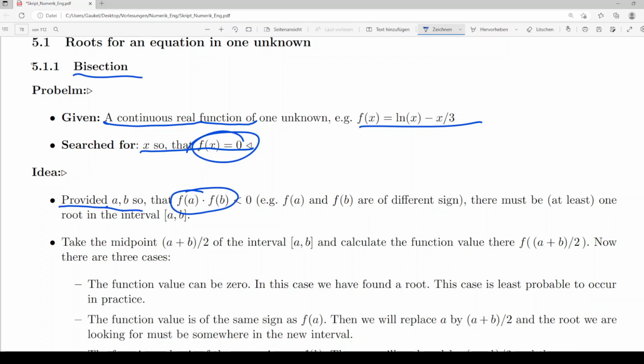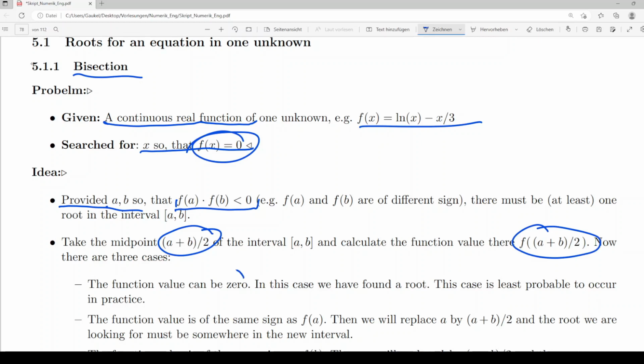This is a formulation for either f of a is positive and f of b is negative, or the other way around. In this case, the product is less than 0, and if they are of the same sign, then the product is positive. So this is a formulation for different sign. And then let's take the midpoint, evaluate at the midpoint, and then what can happen?